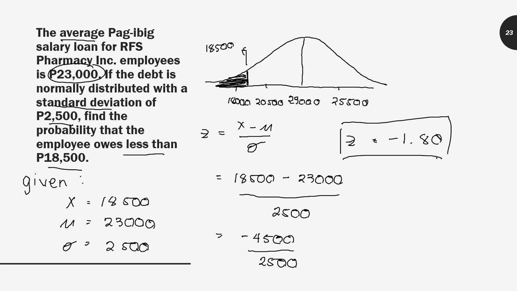Okay? Now, pakihanap po sa table yung value po ni 1.80. Okay? Tignan nyo po ha. So, I already teach you how to look the value or the area doon po sa table natin. So, can anyone give me what will be the value po ng negative 1.80 dyan sa table natin?